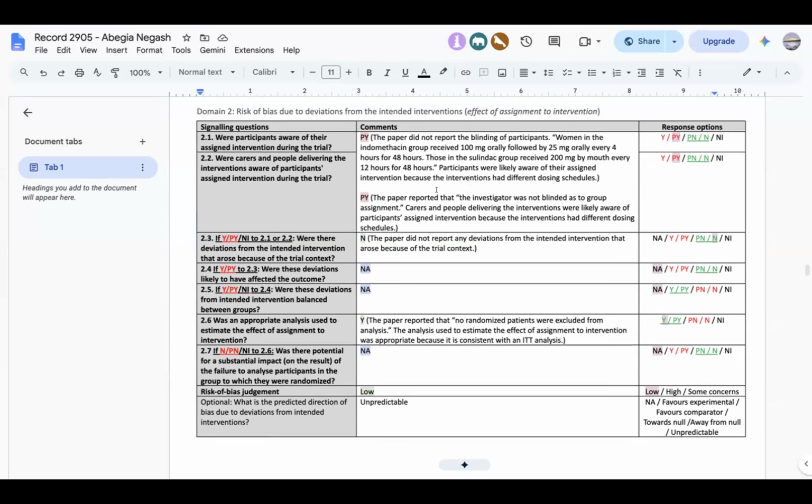I have a question. Wouldn't the fact that the participants take one of the medications every 12 hours versus 4 hours hint to the participants and the people giving the drugs which treatment group they were randomized to?